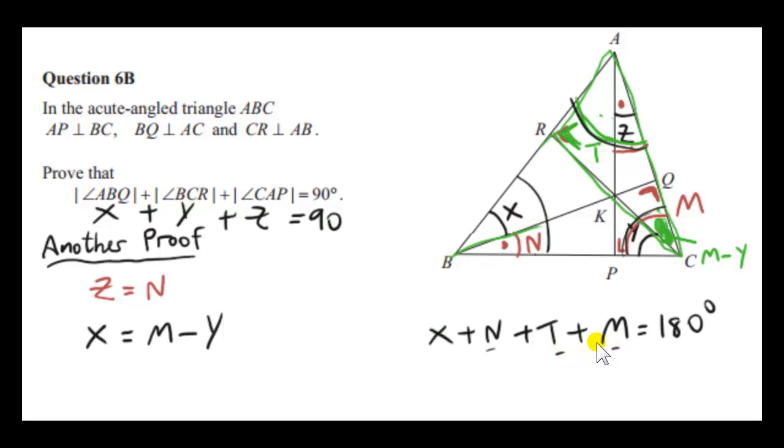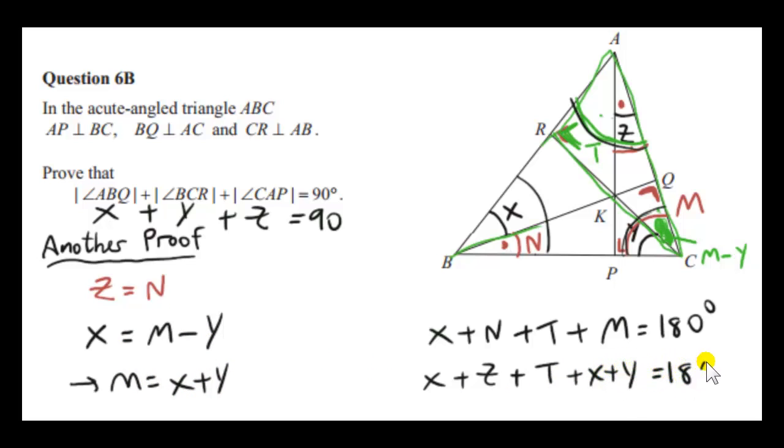We want to replace them so that we just have an equation involving X, Y, and Z. So instead of N, we can write Z. Now I'll come back to T. What about M? Well, if we rearrange the second equation, we see M is just X plus Y. Just bring the minus Y over. So this equation just comes from the three angles in the big triangle, or in any triangle, equaling 180.